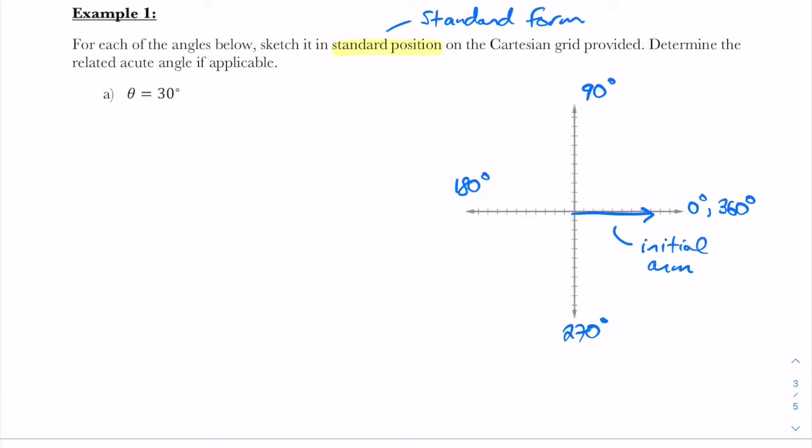But I'll at least do it for the first one just to make it clear. And now we rotate that initial arm counterclockwise according to what the principal angle is. In this case, it's 30 degrees. Now, you don't have to use a protractor for this. I'm happy if you just make a sketch. But rotating 30 degrees counterclockwise will probably put us somewhere here. Okay, so that's your terminal arm.